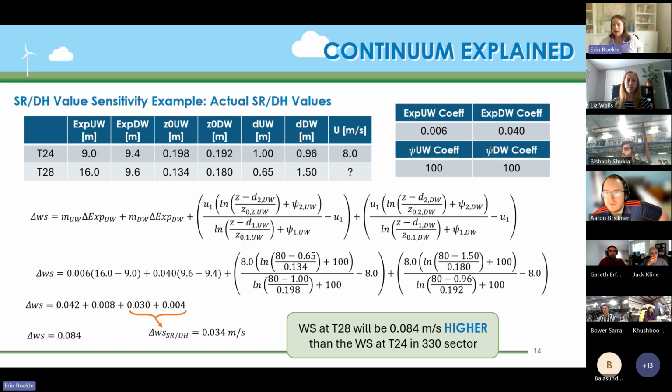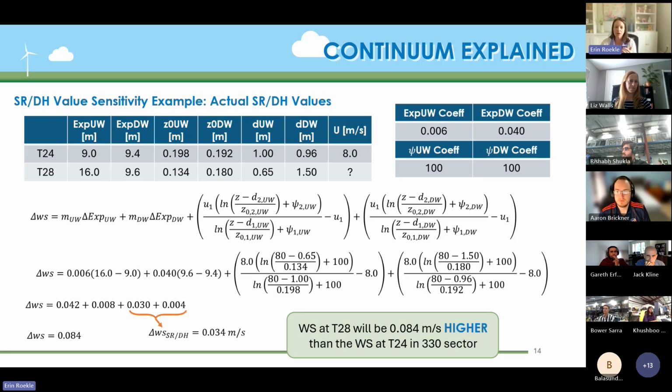So doing all that inverse distance weighting, like Liz was talking about, in those specific sectors, for each of those two turbines, we can start building out a table of what values we're going to use within our equations. The exposure is all going to stay the same. We're not changing the elevation, but if you look in a column at our roughness lengths and our displacement heights, those numbers are pretty similar.